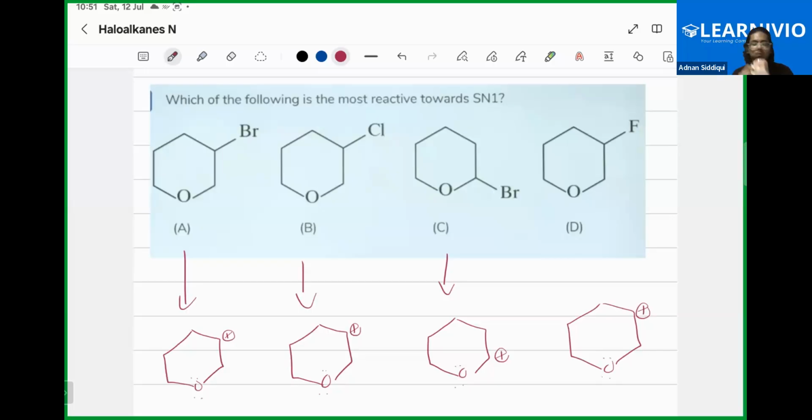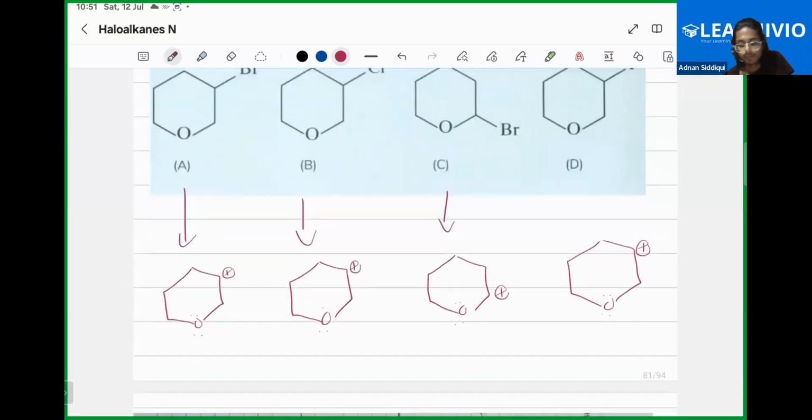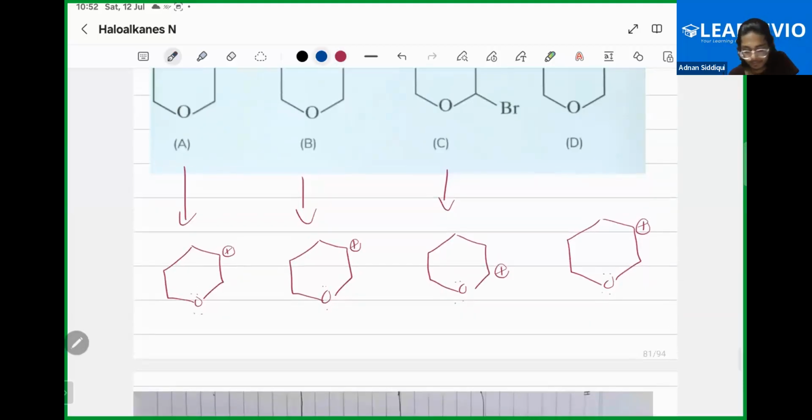Sir, because it is closer to oxygen. Oxygen is electronegative. No. Although oxygen is electronegative, and electronegative groups have a tendency to pull the electron density, it will make it more poor. But the positive charge is directly on the next carbon, so it can do resonance.